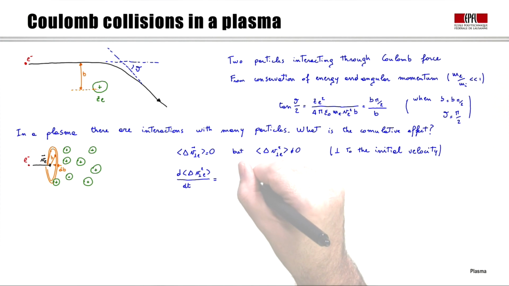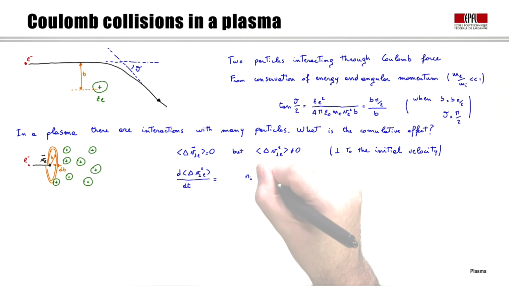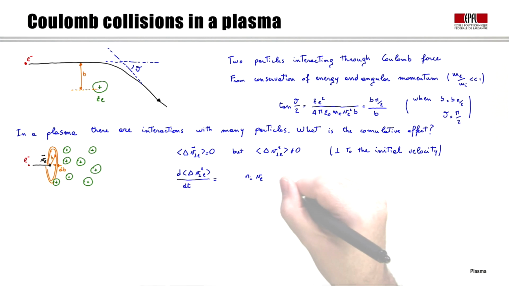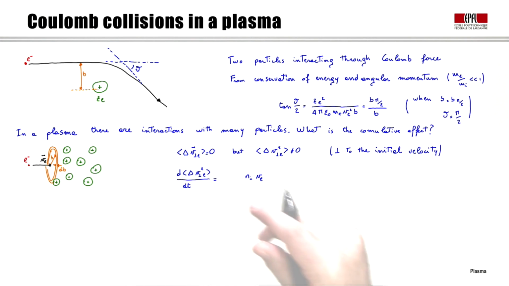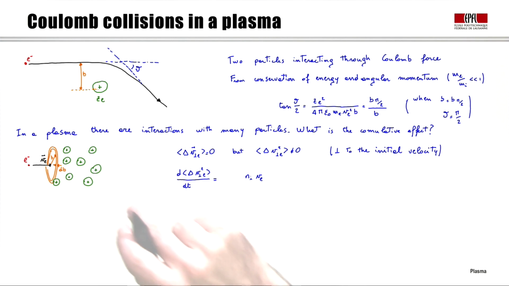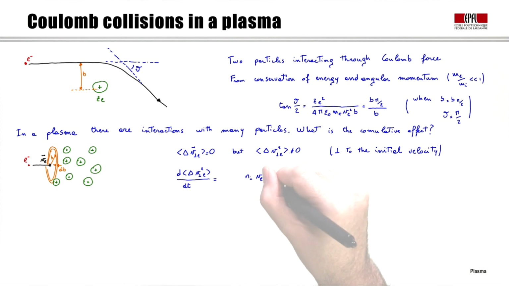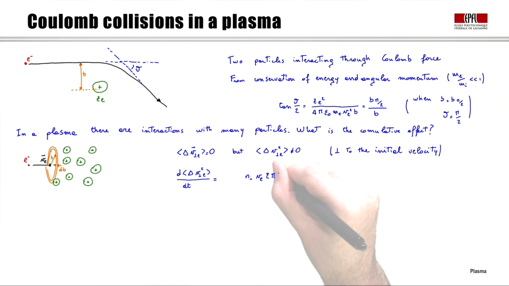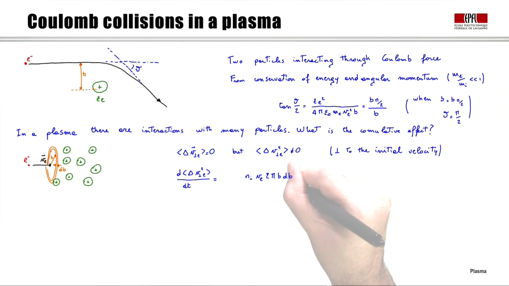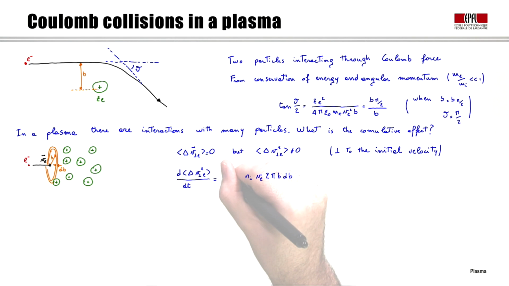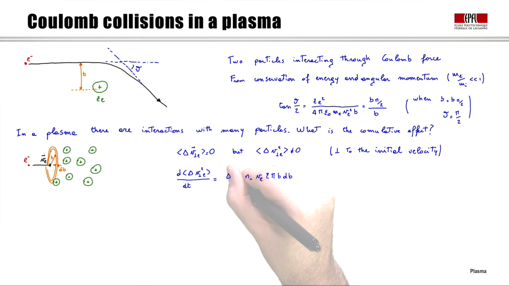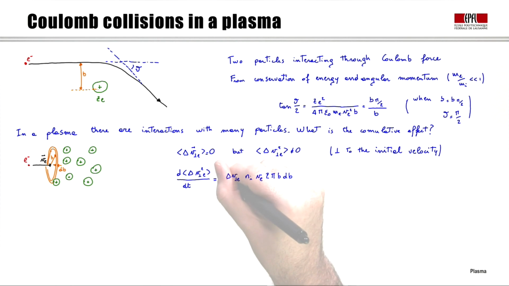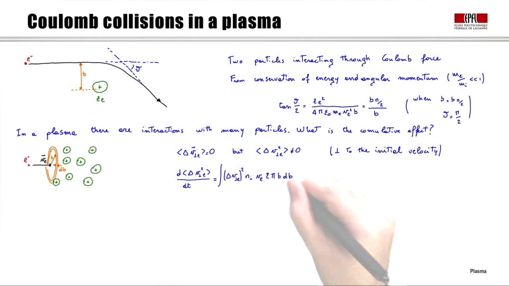And the number of these collisions will be equal to the target density times ve, the initial velocity, times the differential cross-section, that is this area between the two orange lines, given by 2 pi b db. Then each collision will give a certain delta v perpendicular e squared, and then we will have to integrate over all possible impact parameters.